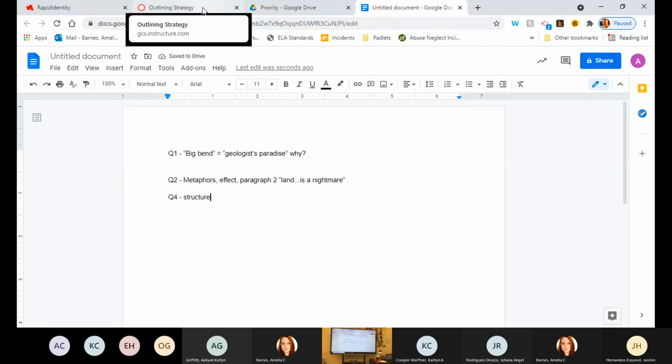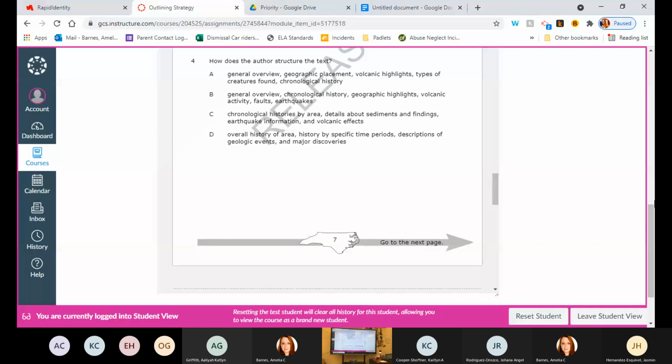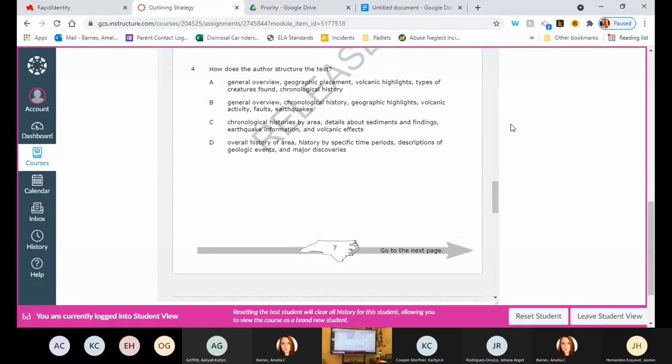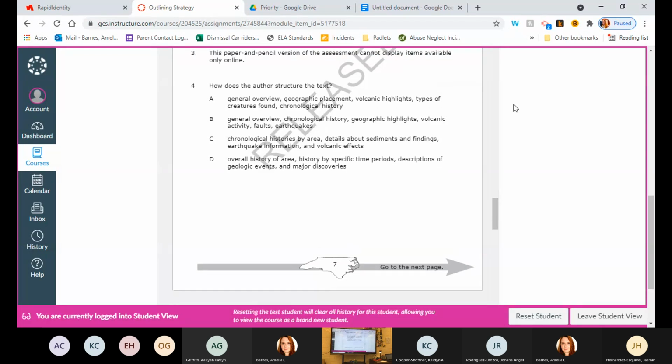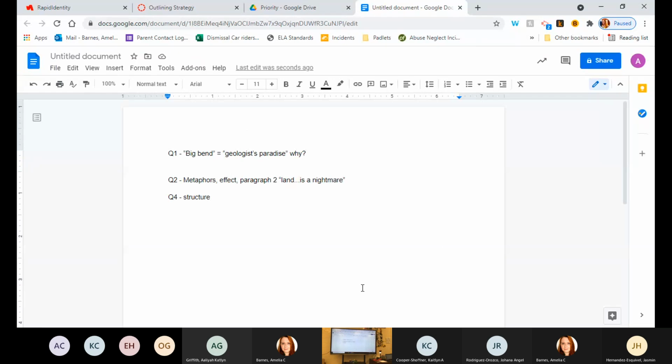Take a moment and write these down in your outline, because those of you online are going to take a picture of your outline to show that you've been following along, and upload it to this assignment. I'll give you a moment to write down those first 3, and then we'll keep going. Just leave some space in between each one where you can write notes for yourself, maybe skip a line.